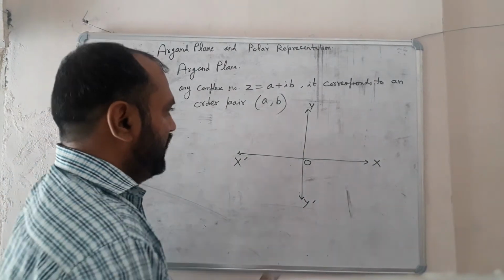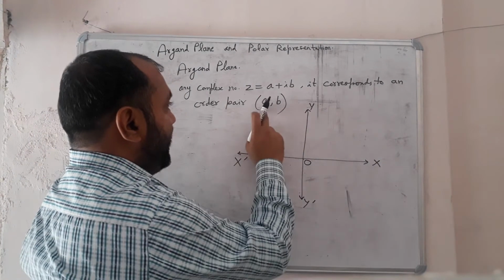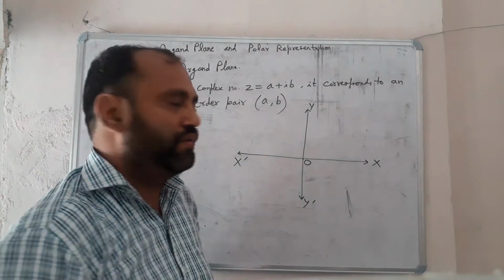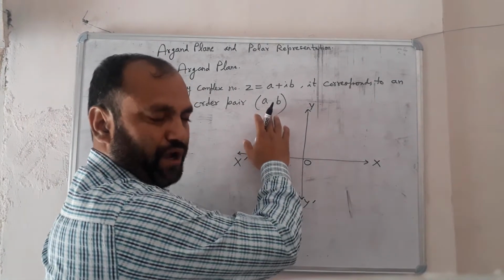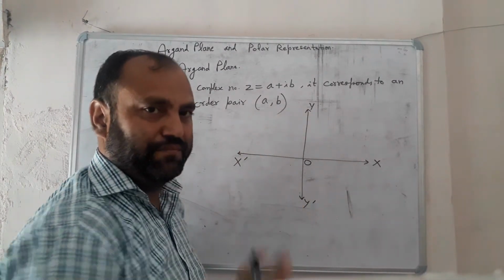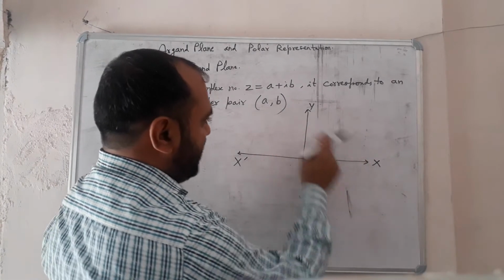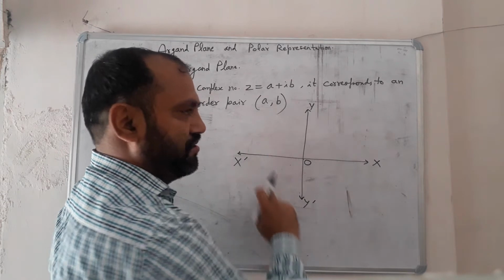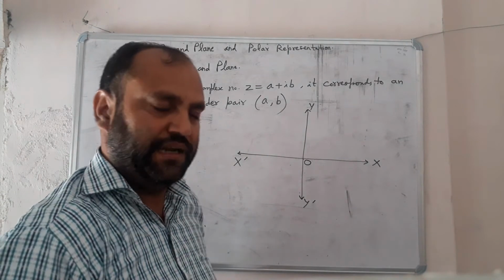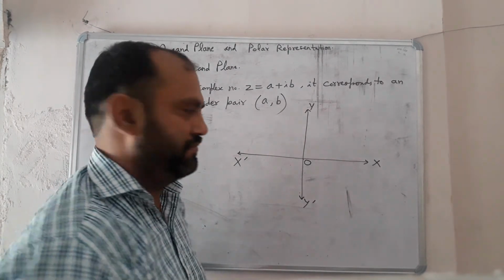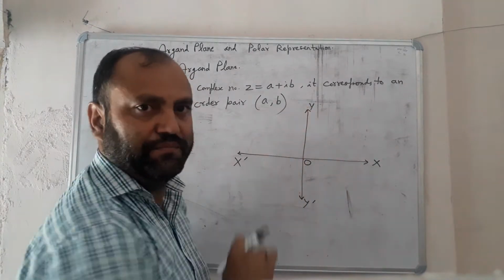Now this a comma b, you can plot this point in xy plane. That plane, the coordinate system, is called Argand plane.